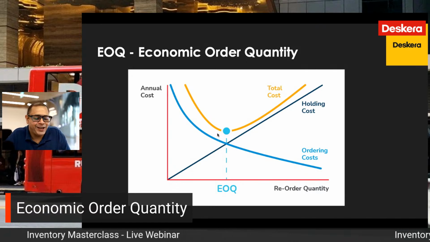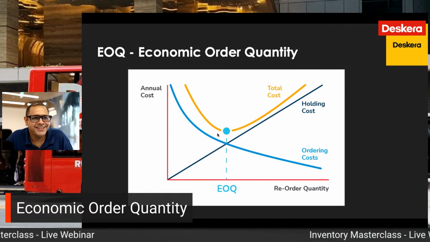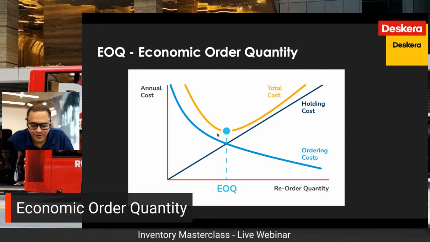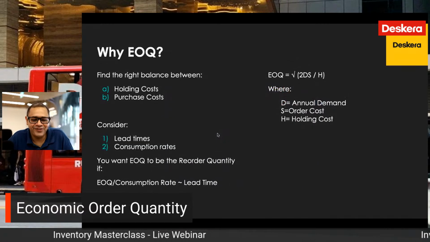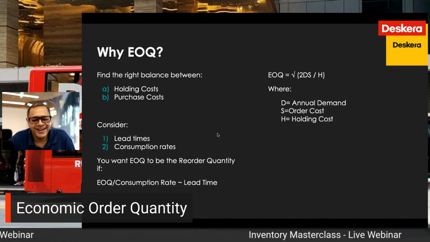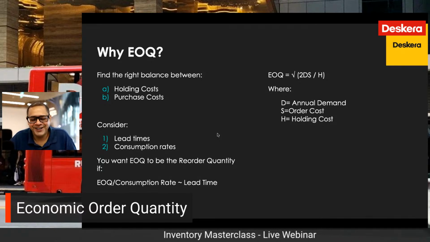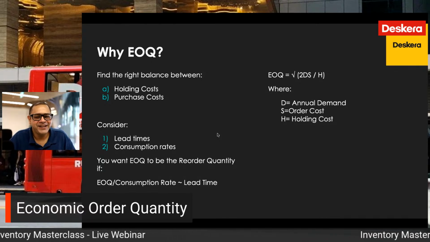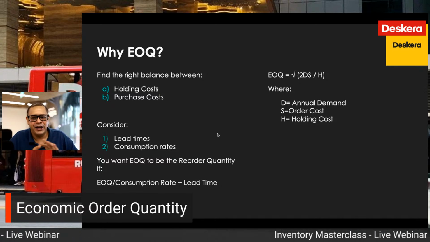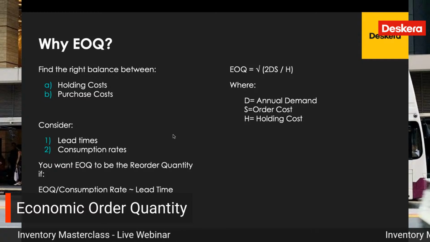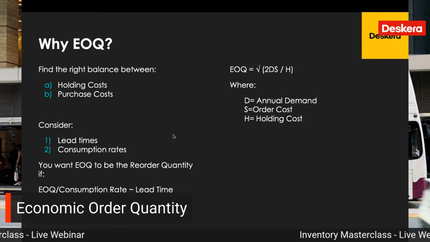Now, obviously, you cannot sit around plotting this and trying to figure this out manually, right? So there is a formula for that, and the formula is root of 2 multiplied by D multiplied by S divided by H. Now, it's slightly non-intuitive, but it is something that you would want to look at to optimize your order size.